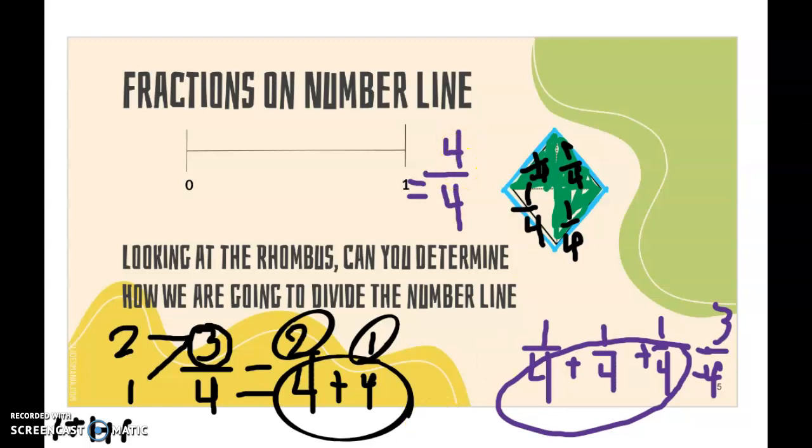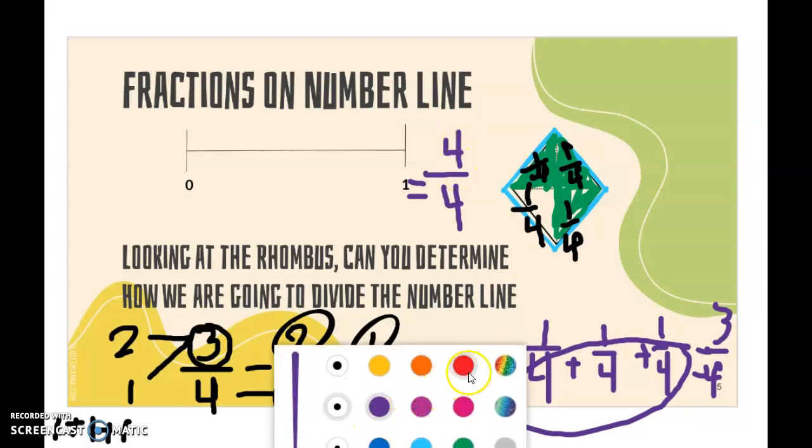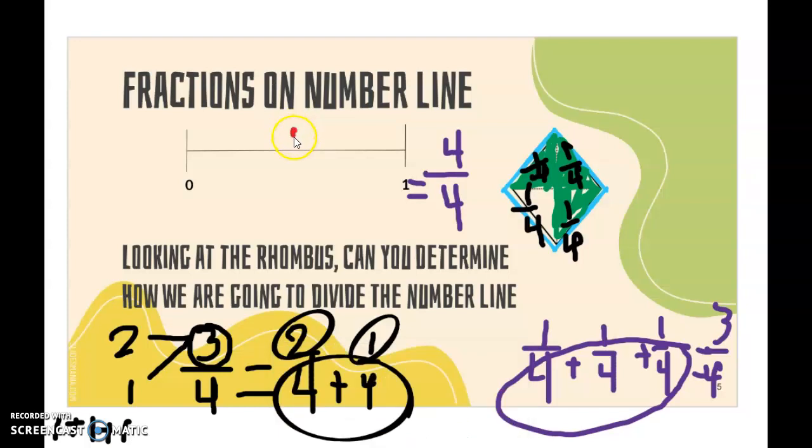Once I find my midpoint, it helps me to plot my other markers on the number line. So between 0 and 1, my midway point will be here. And of course, we remember that that fraction is named 1/2.